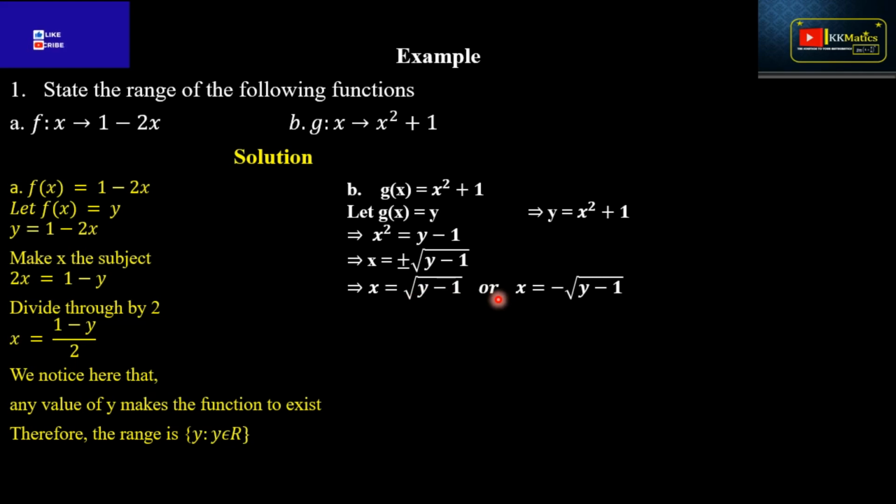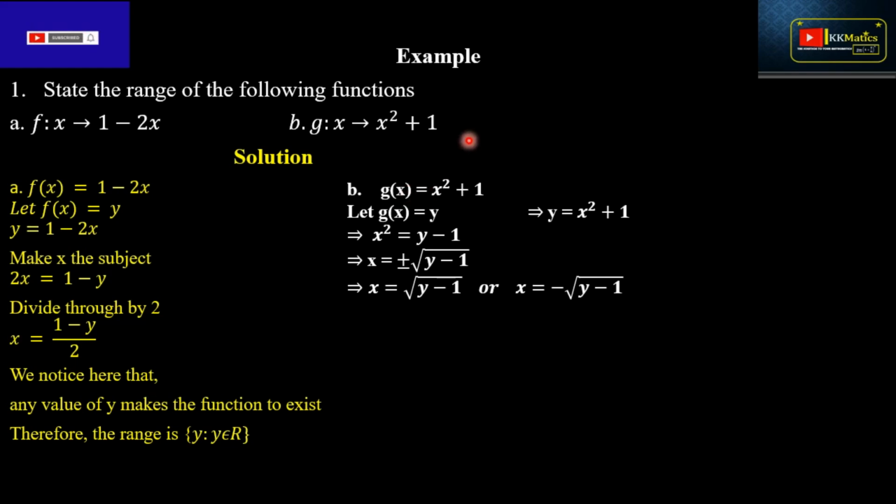So with this, the next step for us is we need to find the range of this function. And in finding the range of the function, we have to analyze it. With this function that we have here, if we were to substitute any value, remember the criteria stated earlier on, that is, the function shouldn't map to the square root of a negative number.